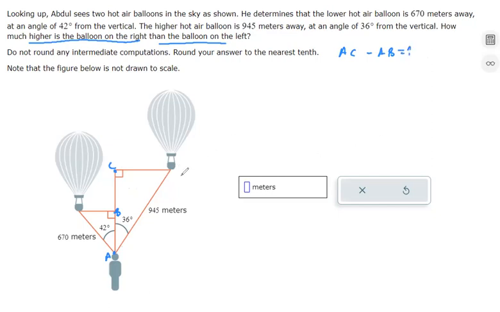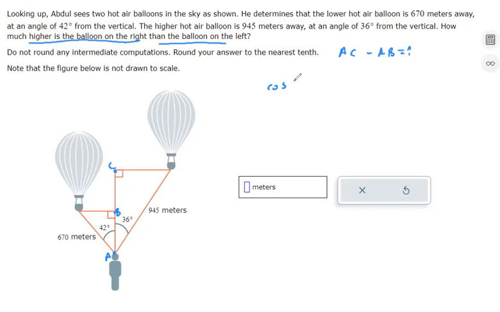So as soon as we understand what's being asked, we can try some ways. We are given in this right triangle the hypotenuse, and if we want to find AC, which is the side that is next to 36 degrees, we can use the definition of cosine.